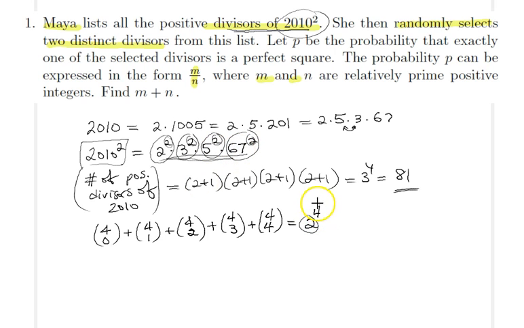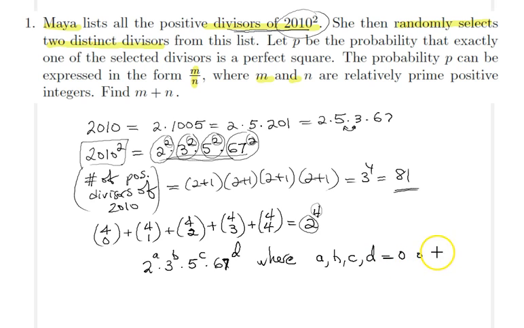So this reminds us that for these components, a perfect square divisor of this number will be of the form 2 to the a times 3 to the b times 5 to the c times 67 to the d, where a, b, c, and d are all either 0 or 2.